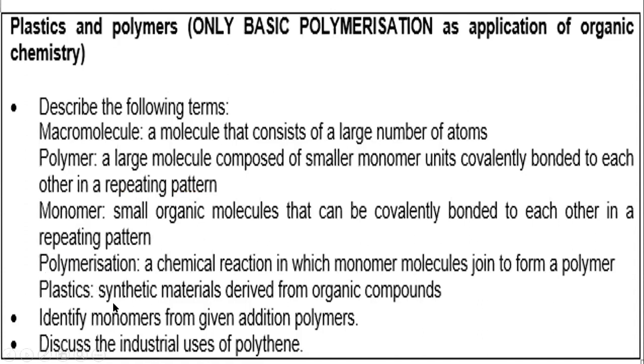Furthermore, we learned how to identify monomers from given addition polymers. In particular, the monomer we were dealing with is ethene, and the addition polymer is polyethylene. And then we discussed the industrial uses of polyethylene.